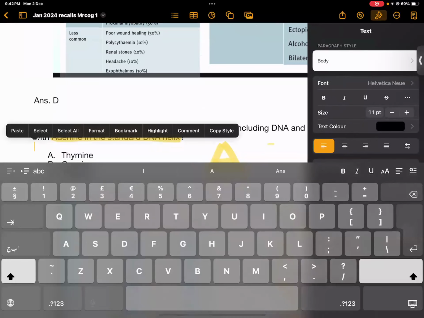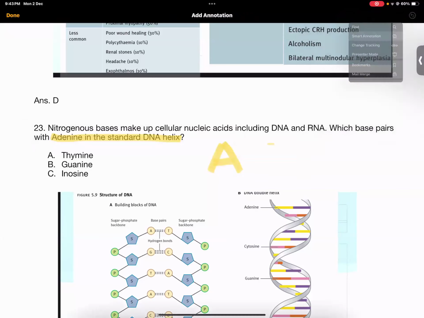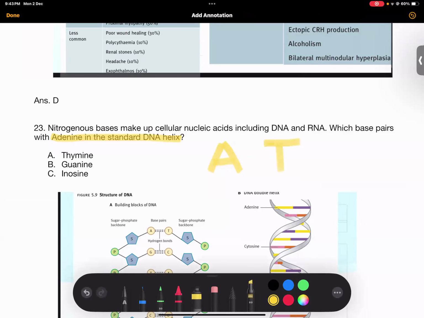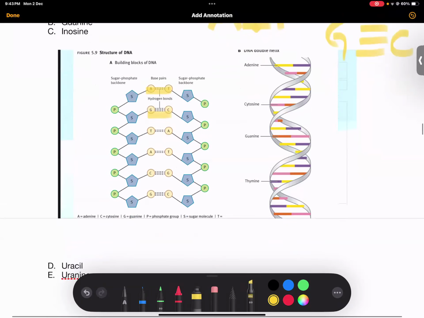Yes. Okay, so A pairs with thymine. If you see this diagram, A pairs with thymine and G pairs with cytosine. And you also need to remember that there are two hydrogen bonds between A and T and three hydrogen bonds between G and C. So GC, like GC college.